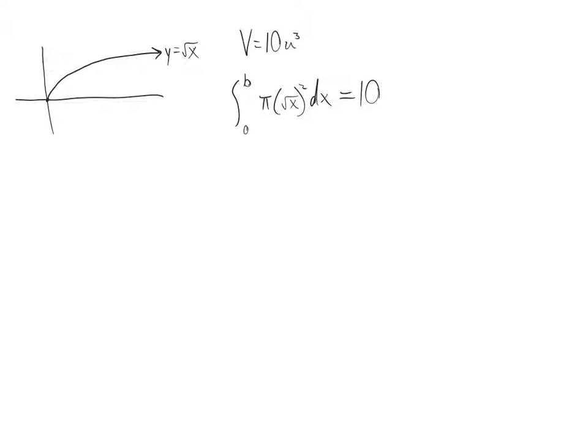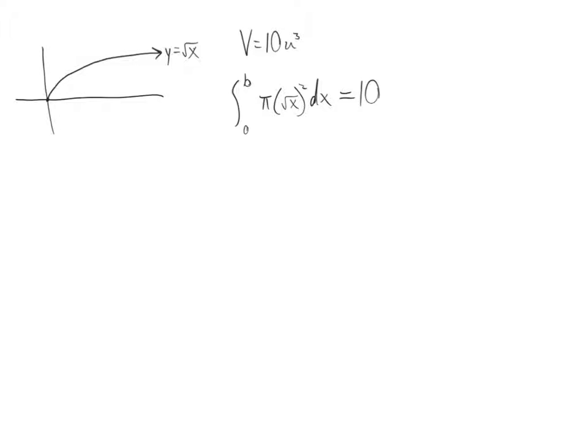And notice now, if we were designing something and we wanted it to hold 10 cubic units, we would know how long we needed to make this thing in order to hold exactly what we wanted it to hold, by solving the integral first, setting it equal to 10, and then solving for b. Okay? So that's one of the applications here, and this is how they design things to be able to hold a certain amount. Now, a computer might do a lot for the person designing it, but this is what's going on there.